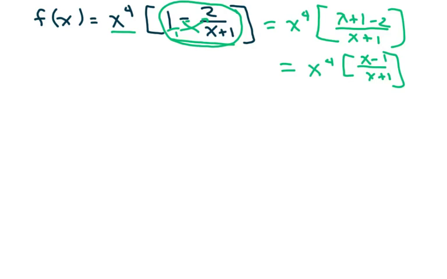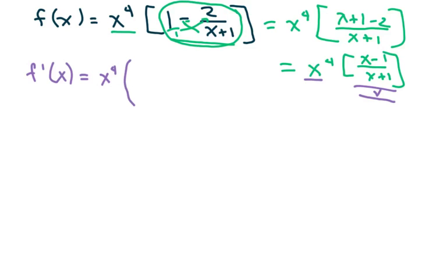Now I'm ready to take the derivative. So we're going to be using both the product rule for these 2 pieces, and then we're going to be using the quotient rule for this piece. So here we go. The derivative of f is going to be, for the product rule, you're going to take your first part, x to the 4th, and times it by the derivative of your second part.